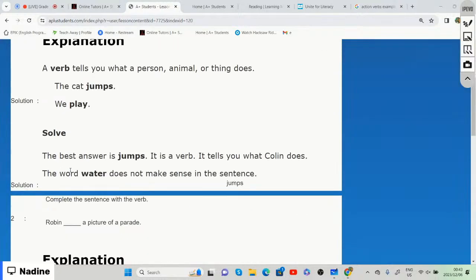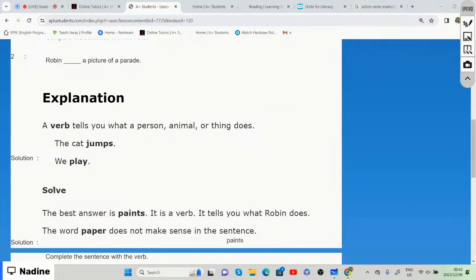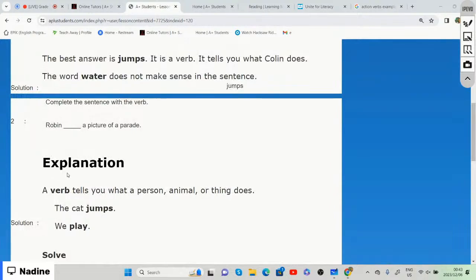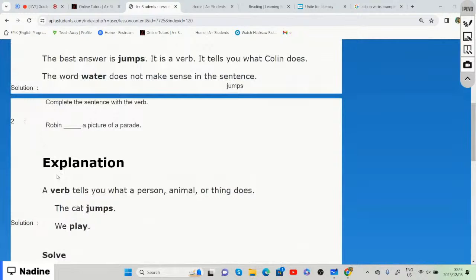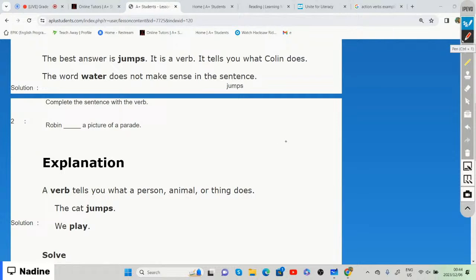All right. So Robin a picture of a parade. What did Robin do? She what a picture of the parade. So we need to say what Robin did. A verb tells you what a person, animal, or thing does.